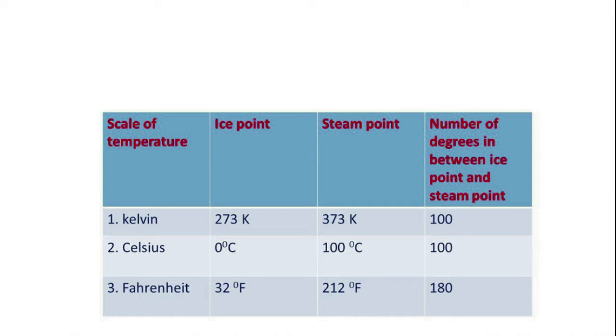In the Celsius scale, ice point is 0 degrees Celsius, steam point 100 degrees Celsius. In the same way, in between the ice point and steam point in the Celsius scale also contain 100 divisions. Then the last one, in the Fahrenheit scale, the ice point is 32 degrees Fahrenheit and the steam point is 212 degrees Fahrenheit, and there are 180 divisions in between the ice point and steam point.